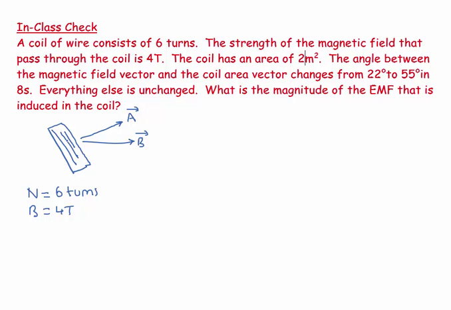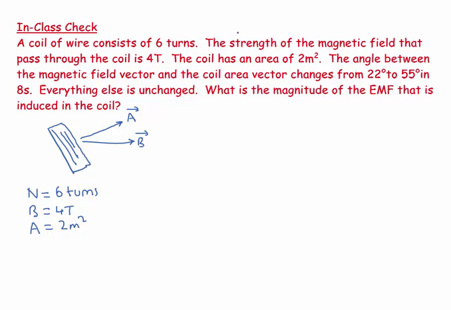We use a right-hand corkscrew rule, where our fingers represent the current flowing through the coil, curling around the coil, and our thumb then points in the direction of the area vector. However you visualize it, I'm defining that as my area vector, and that area magnitude is equal to 2 square meters.